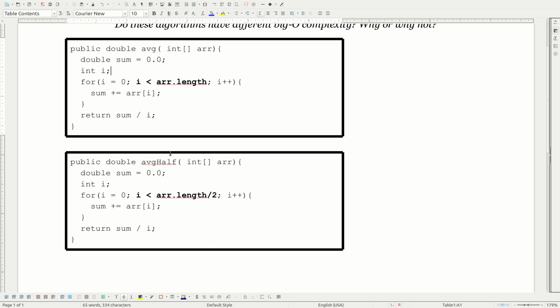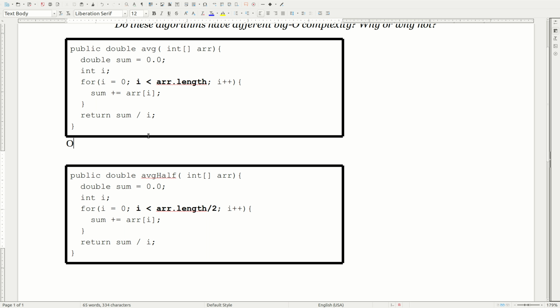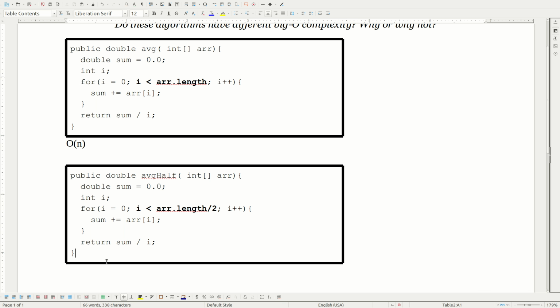And maybe if you had to choose and your users were okay with an approximation, this may still be an okay choice. But what it doesn't do is escape from the complexity class that you were stuck with above. So if you were worried about having something that was O of n, which this is, then you're going to be in as bad of a situation down here because it will be O of n as well.